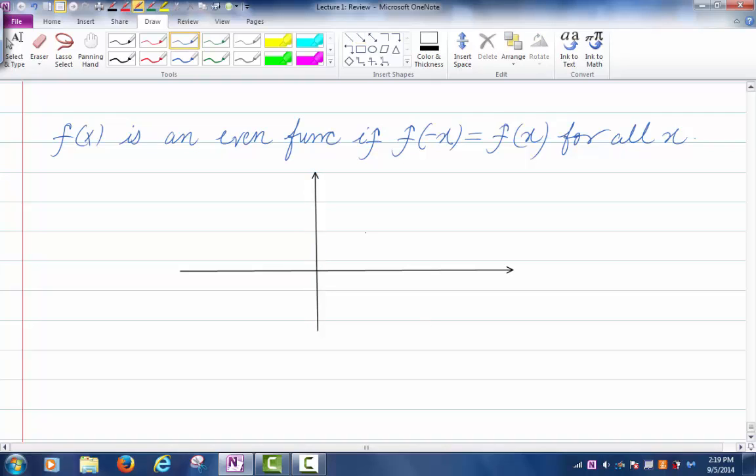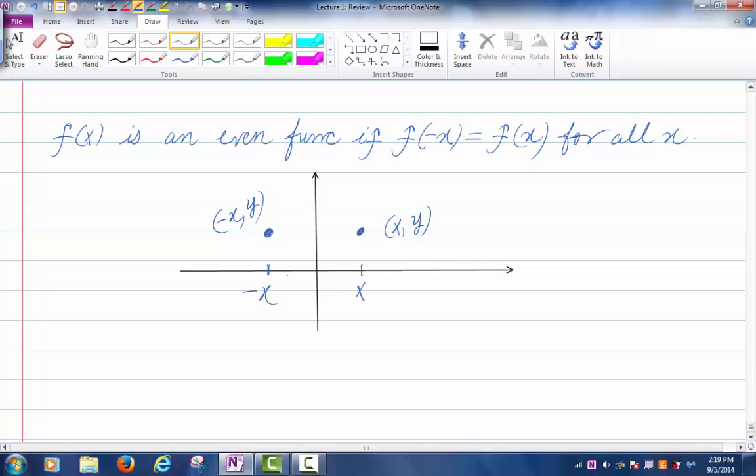Let's say I have a point, this point here, let's say this point is x comma y, on the graph of this function f, and f is even. Then the graph of f will also have another point which is symmetric about the y-axis right here, and this point would be negative x comma the same y.